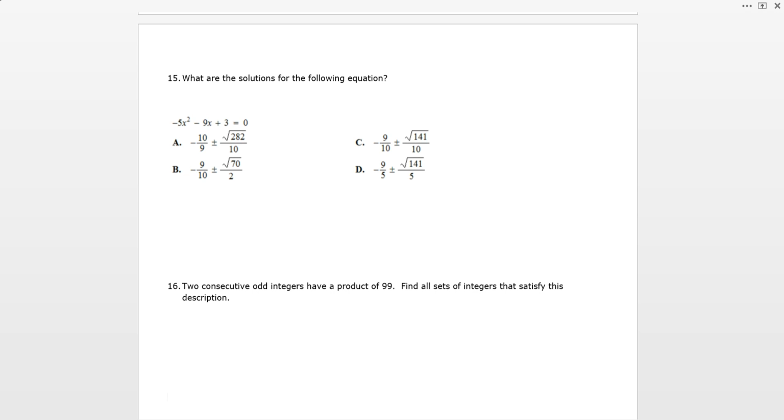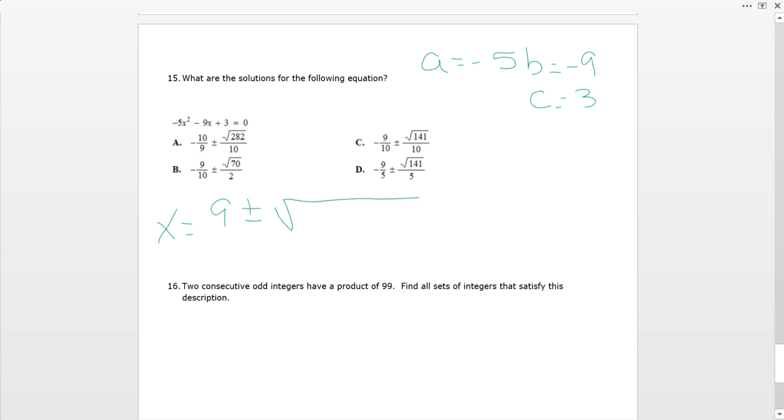I'm again using my quadratic equation. A equals -5, B equals -9, C equals 3. So I end up with x equals -9 plus or minus the square root of 9 squared, which is 81, minus 4 times -5 times 3, divided by 2 times -5.